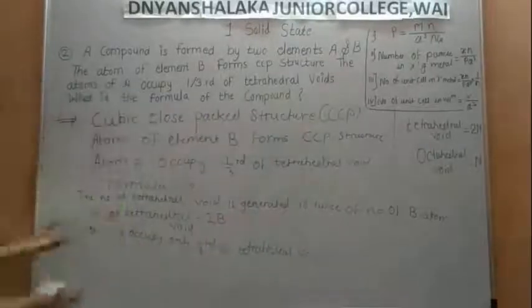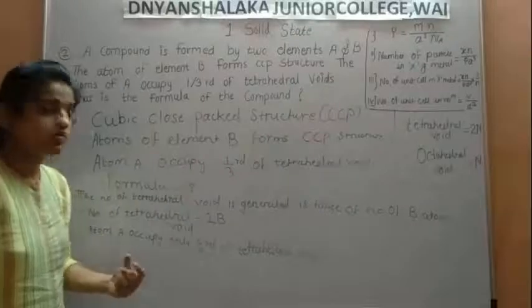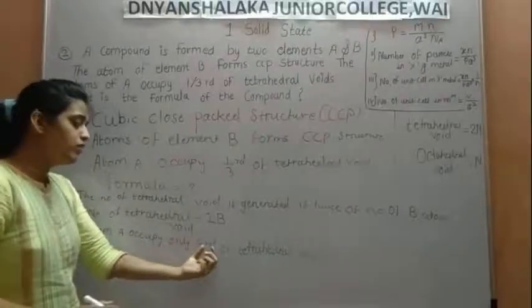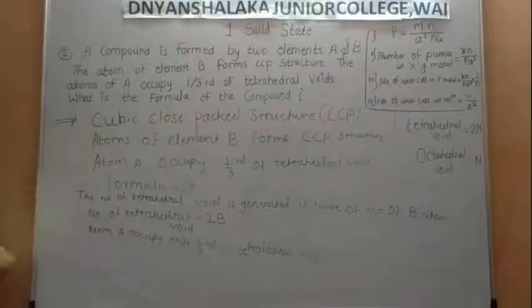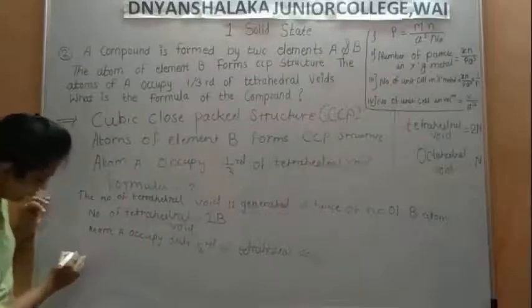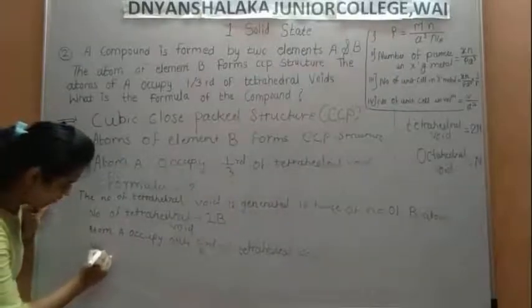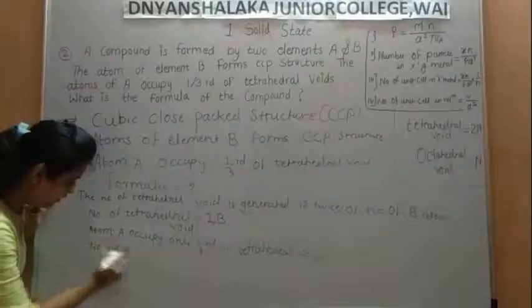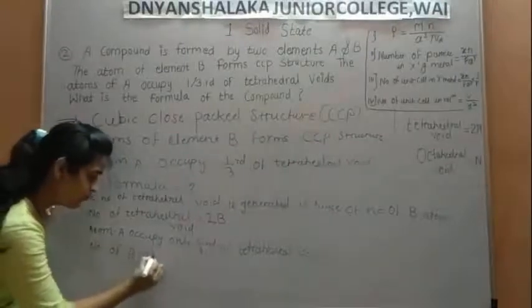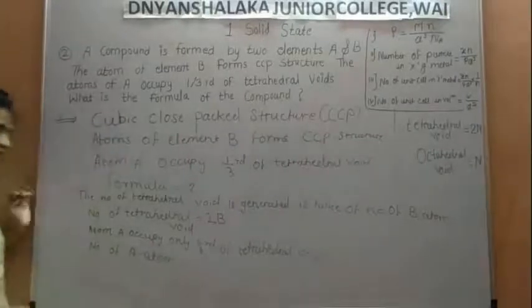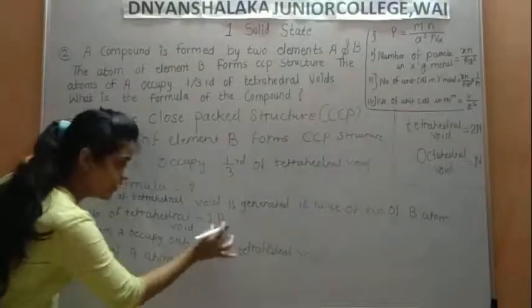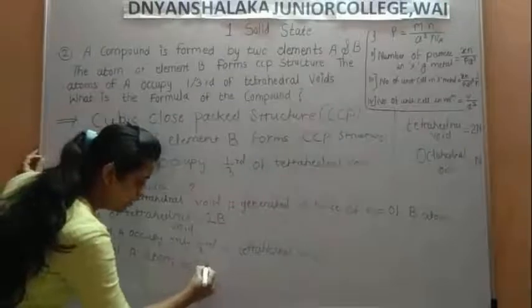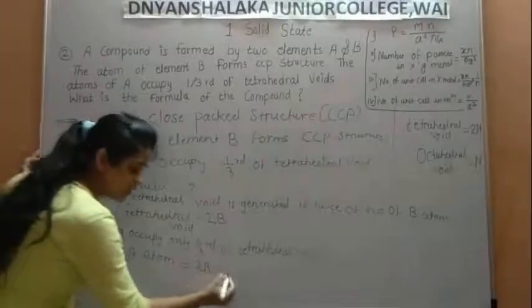Means the number of tetrahedral voids is 2B, but only 1/3 of the tetrahedral voids are used by atom A. So we have to find the number of A atoms, which is equal to 2B tetrahedral voids, with only 1/3 portion occupied.